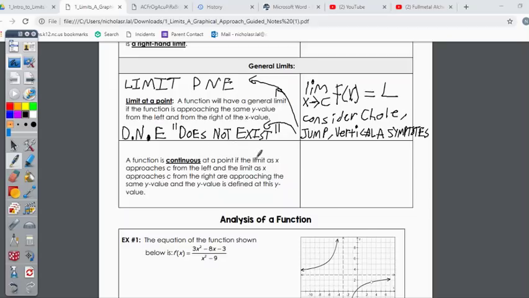A function is continuous at a point if the limit as x approaches c from the left and the limit as x approaches c from the right are approaching the same y value, and the y value is defined at this point. So we have conditions.